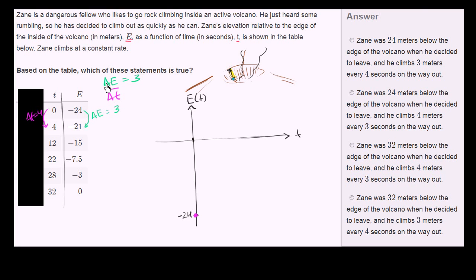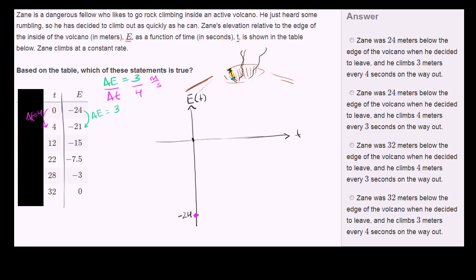Remember, this triangle is just the Greek letter delta, shorthand for change in. So change in elevation over change in time is 3 over 4. So one way to think about this is that he goes 3/4 of a meter per second. The units up here are meters, the units down here are seconds. So he goes 3/4 of a meter per second, and we can verify that.